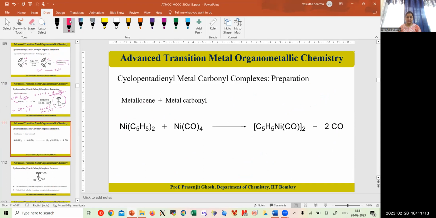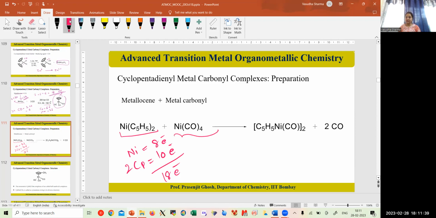Moving ahead, this is another example. Earlier we tried the metallocene with carbon monoxide alone, but now we are taking a combination of metallocene with metal carbonyl. Here nickelocene has been taken, where nickel gives 8 electrons, 2 Cp rings give 10, and therefore it becomes an 18 electron species.